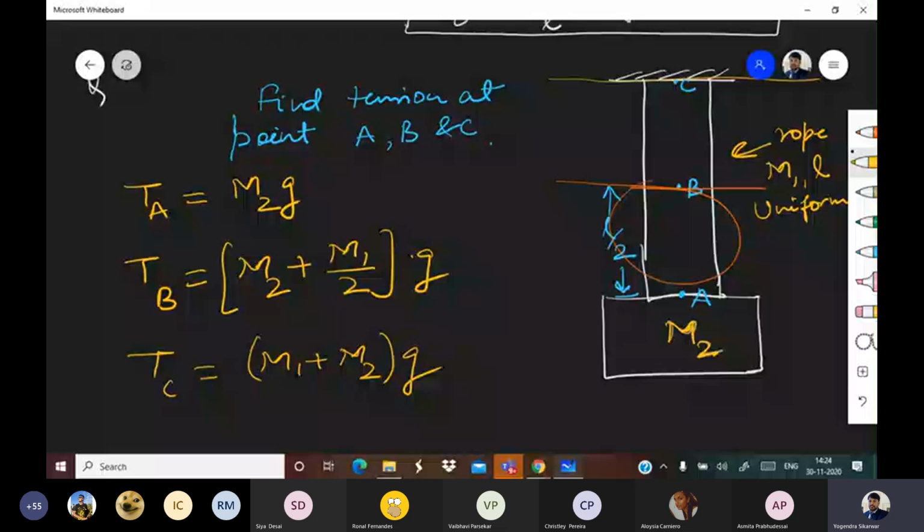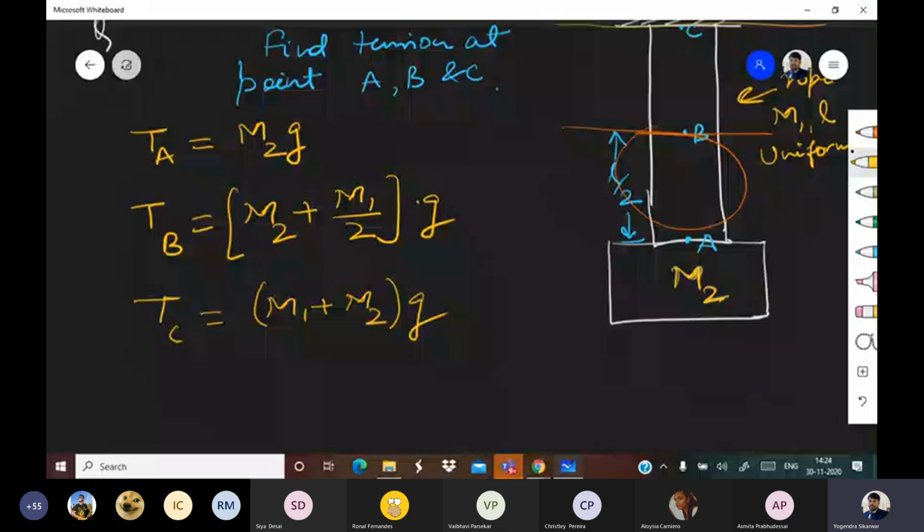So Tc is equal to m1 plus m2 into g. If you have any doubts, please feel free to ask. Okay. Good. Next question.